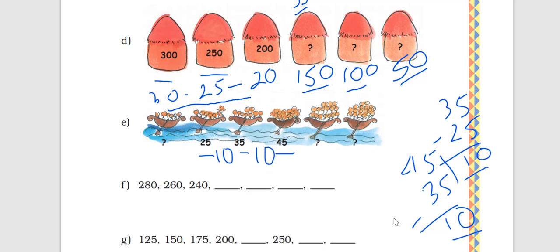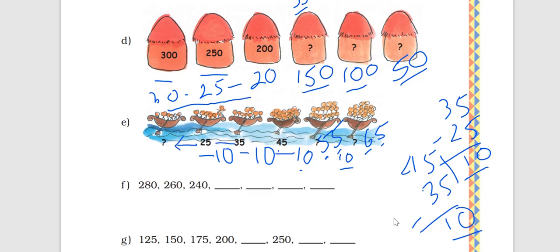So let's add 10 to 45. You get 55. Add another 10 to 55, you get 65. 4 tens plus 1 ten is 5 tens, and then the 5 ones. 5 tens plus 1 ten is 6 tens, and then the 5 in the ones place. And then here we have to go back.